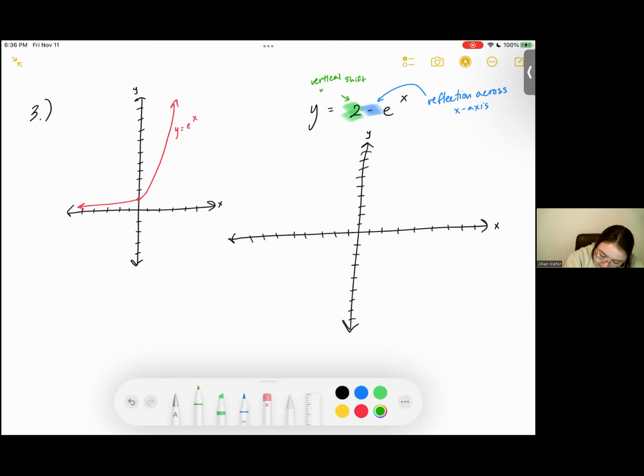So this is a vertical shift up by 2. So that means that we can reflect e to the power of x and then bring it up 2. So if we say that this function right here is e to the power of x, then the reflection across the x-axis would end up looking like this.